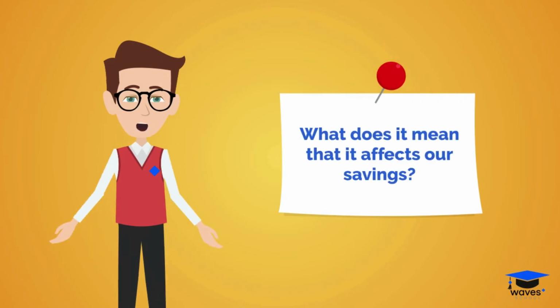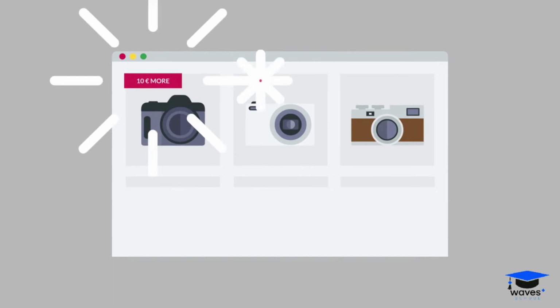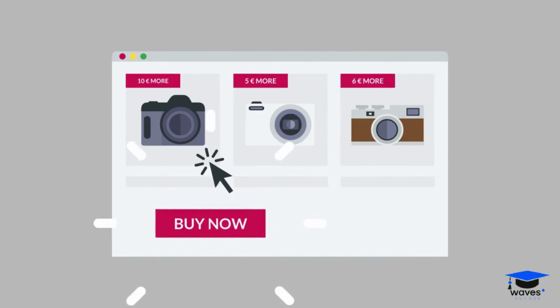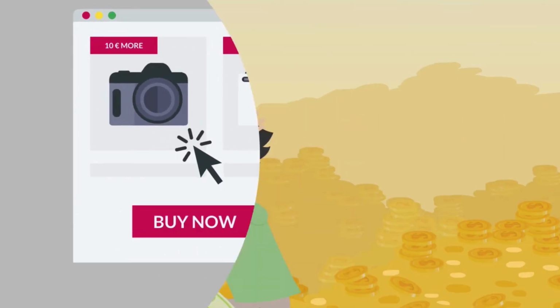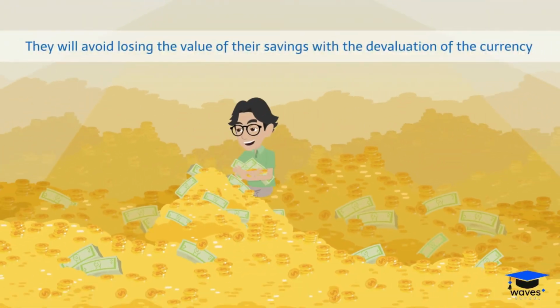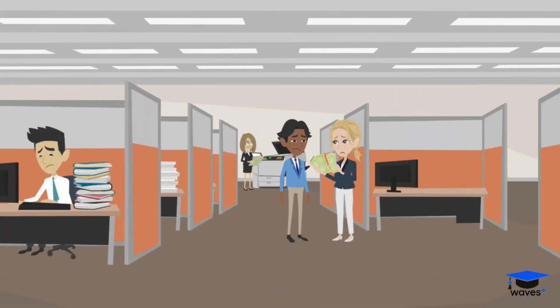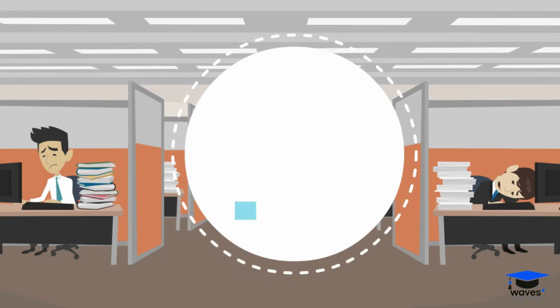What does it mean that it affects our savings? Faced with a price increase, people will prefer to consume now rather than later, because then prices will be more expensive. In this way, they'll avoid losing the value of their savings with the devaluation of the currency. If the rise in wages is not at least equal to the rise in prices, purchasing power will fall.